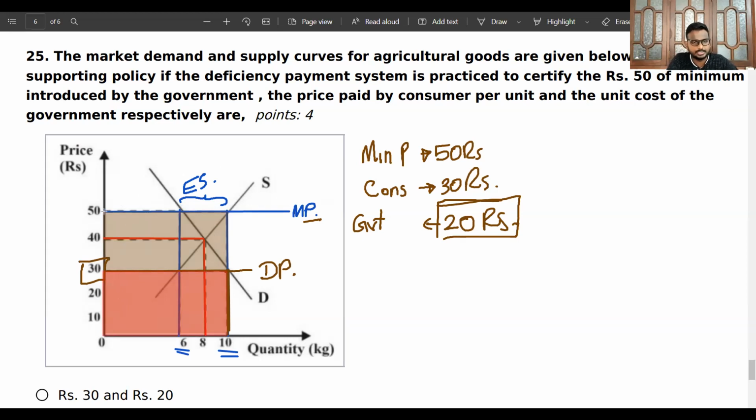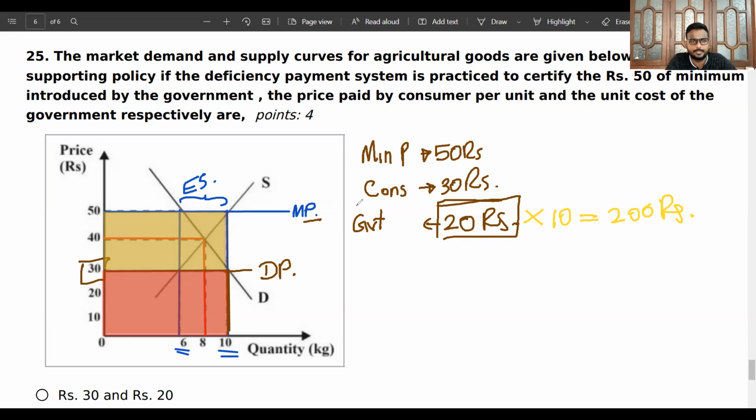And that shortage amount of 20 rupees for all 10 units you sell will be given by the government. So that yellow box is the total deficiency payment of the government. For one unit, it's 20 rupees, but the government will pay for all 10 units sold. So 10 into 20, 200 rupees will be government's expenditure.